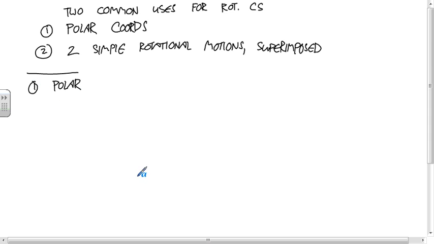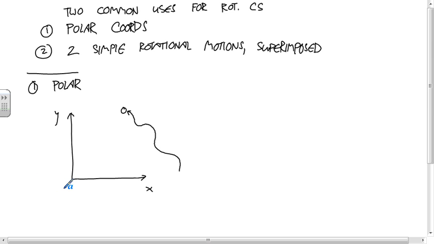So for polar coordinates, let's first think of just a reference inertial coordinate system and say that there's the motion of a particle doing whatever it does. You could give the path of this object in terms of x and y, like we're used to.